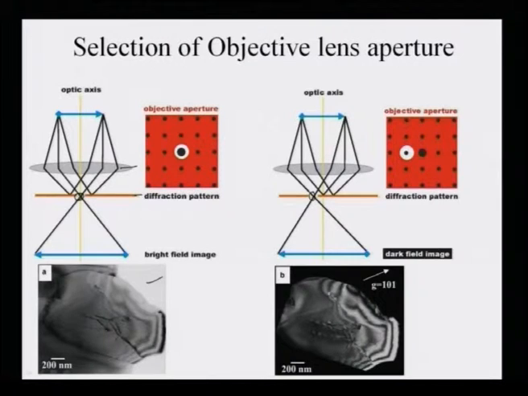On the other hand, if I take any of the diffracted beams and use it to form the image, then what you get is a dark field image. The field of view is dark and the image is bright, and this is what is shown here. So, by using the objective aperture, we can form either a bright field image or a dark field image, and this is routinely done in electron microscopes.